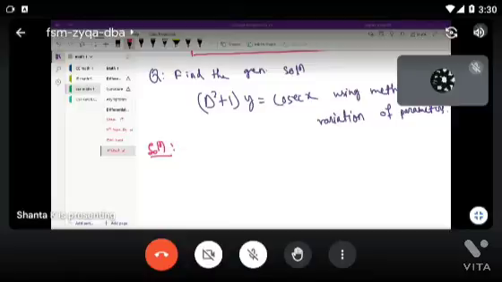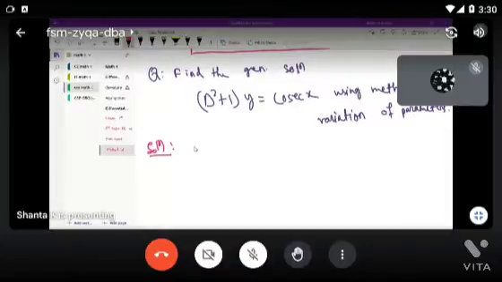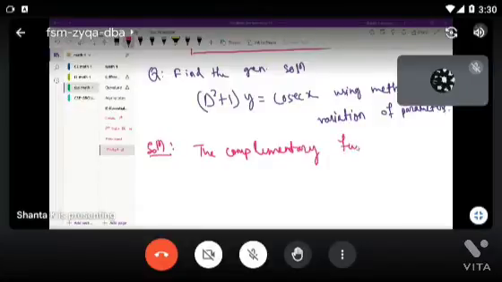Done, anyone? So here, what will be the complementary function? So here we have m square plus 1 equals 0. So m is plus and minus i.